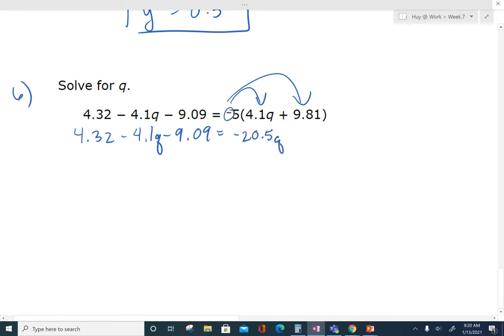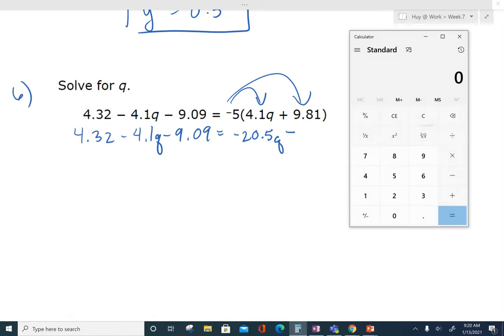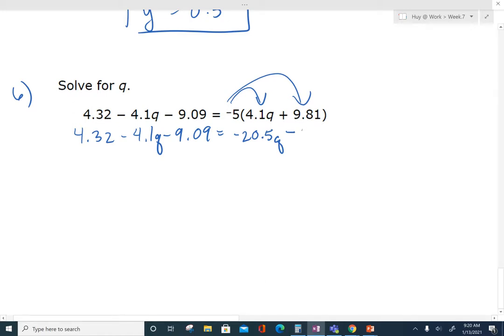And then this is a negative 5 times a positive there. That's going to tell me that's going to be a negative. Let's see. Negative 5 times 9.81. That's a negative 49.05.